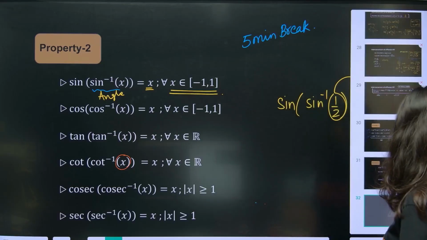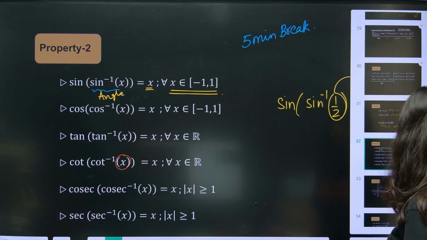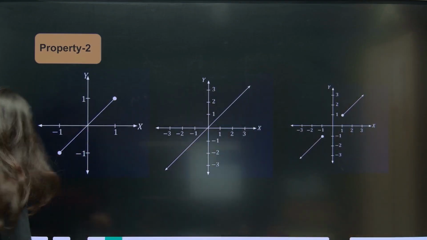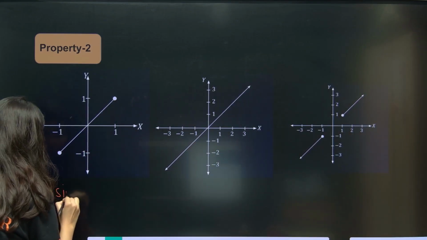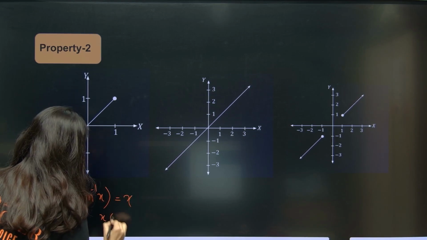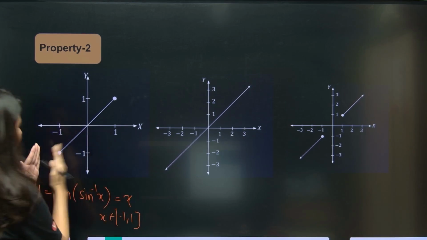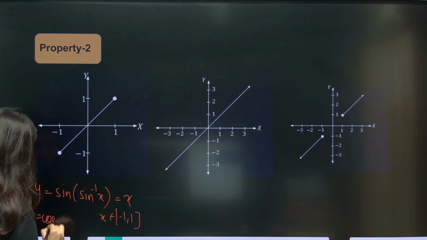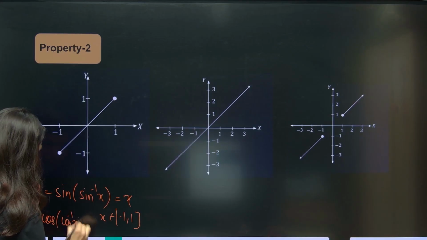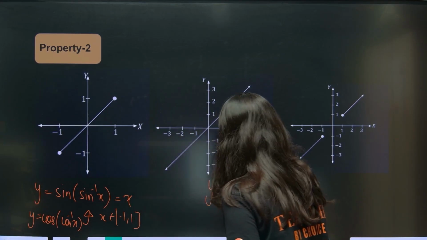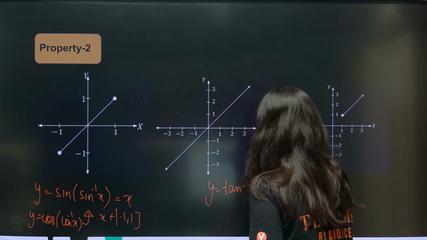Okay. So property number 2, see, these are the graphs. This is the graph of y equals sine of sine inverse x. This is equal to x for x belongs to -1 to 1. Same for cos also. This is the graph of y equals cos of cos inverse x. Same graph. Now what about the graph of y equals tan of tan inverse x?